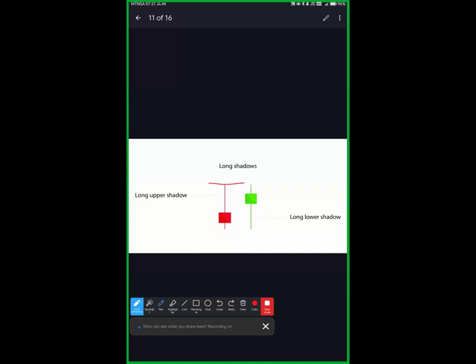By looking at the lower shadow, you are also able to see how low the price went. So the upper shadow signifies how high the price went, yet the lower shadow signifies how low the price went. You get that information just by looking at the candlestick.